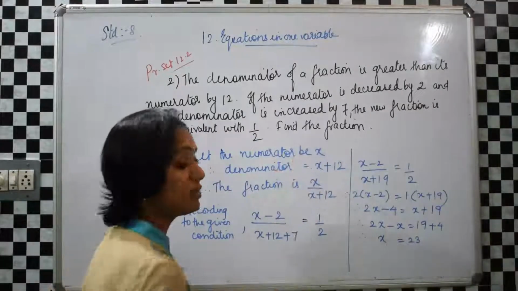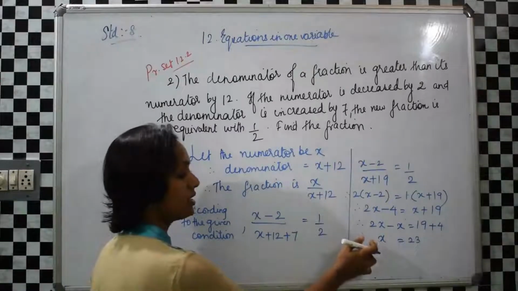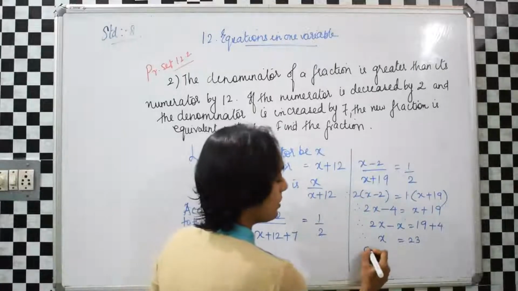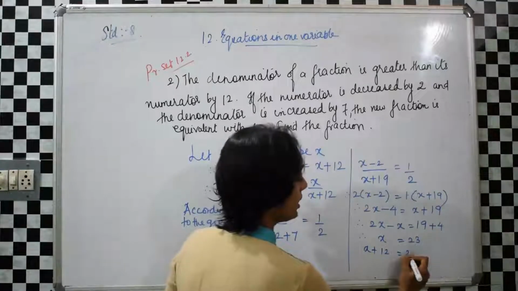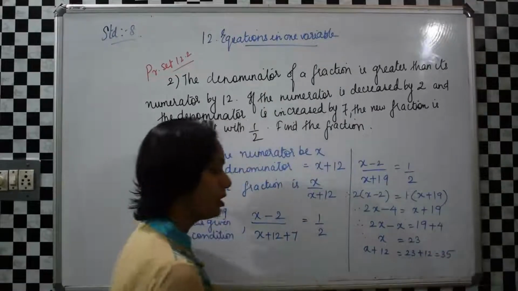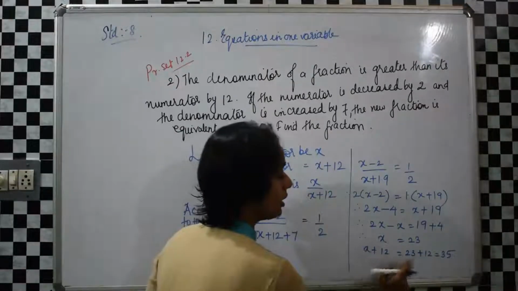What we have to find is the fraction. In the original fraction, the numerator is x that we got. So we need to find the denominator. x plus 12 is equal to 23 plus 12, that is equal to 35. So you got the numerator and you got the denominator.